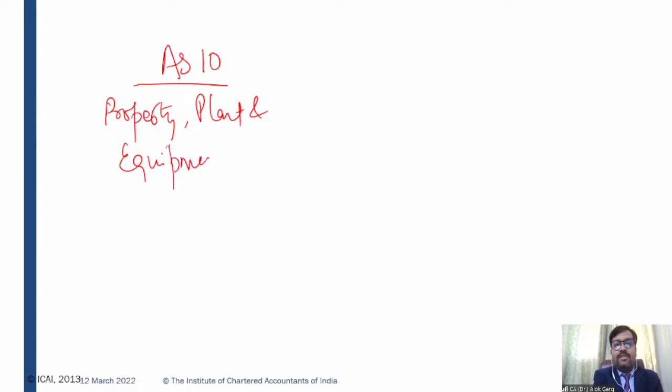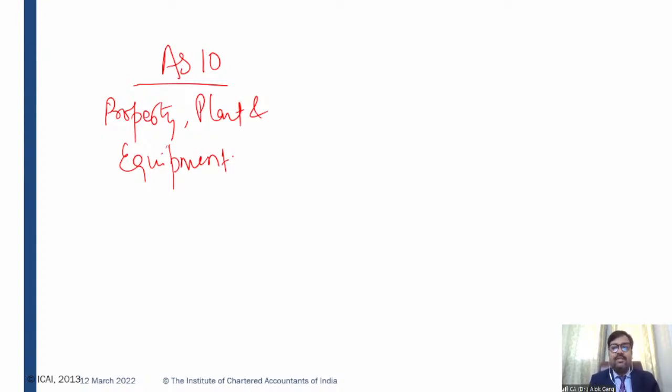Students who cleared IPCC or CA Inter prior to 2017 must have heard that the title of AS 10 was accounting for fixed assets. But effective 1st April 2016, the standard was amended, and now it is property, plant and equipment.